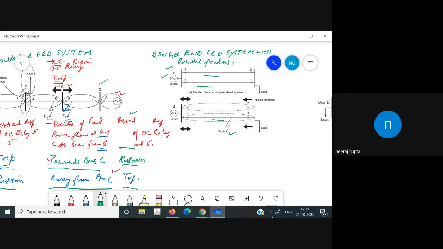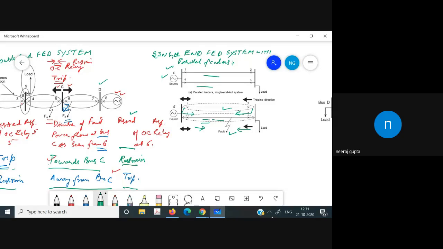In that very case, the fault is not fed from the faulty line only but from the healthy line as well. That is, this line is also feeding the fault. The fault is already there in this line, so it will be fed by that, and this line also feeds the fault.